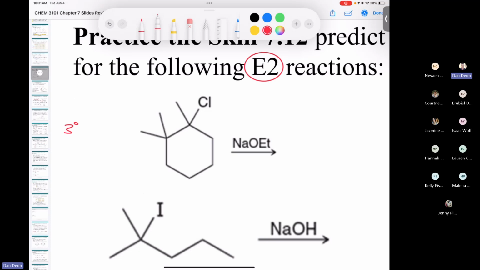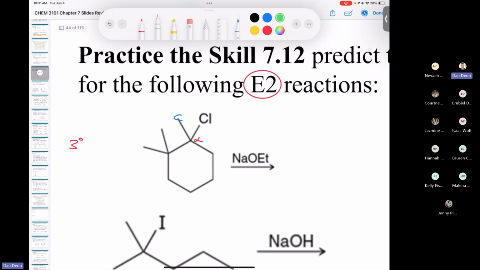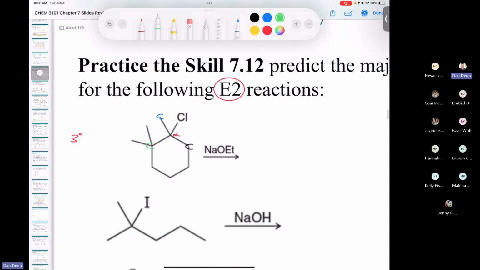Okay, so we have a tertiary alkyl halide. If you look, this is the alpha carbon. The alpha carbon is attached to this methyl group, this methylene, I'll put it in black, and then it's also attached to this carbon over here. Now the carbon in green has no protons on it, okay? It has none, 0. So we don't have to consider the carbon in green. But the carbon in blue has a beta proton.